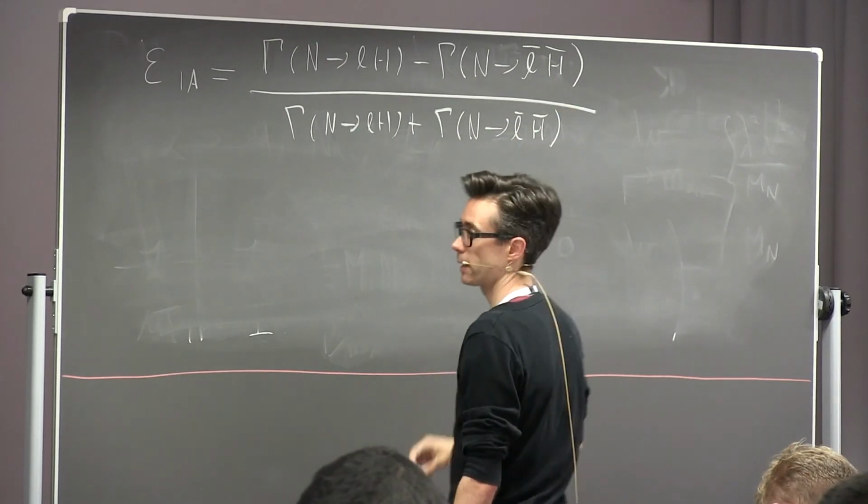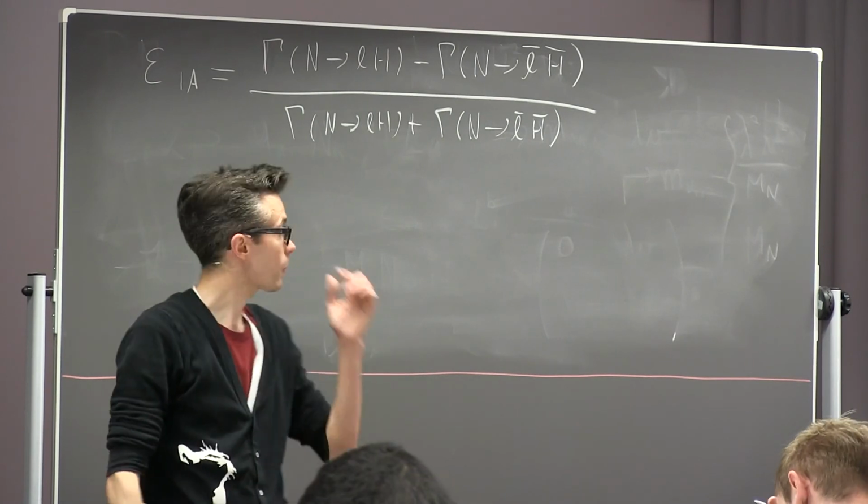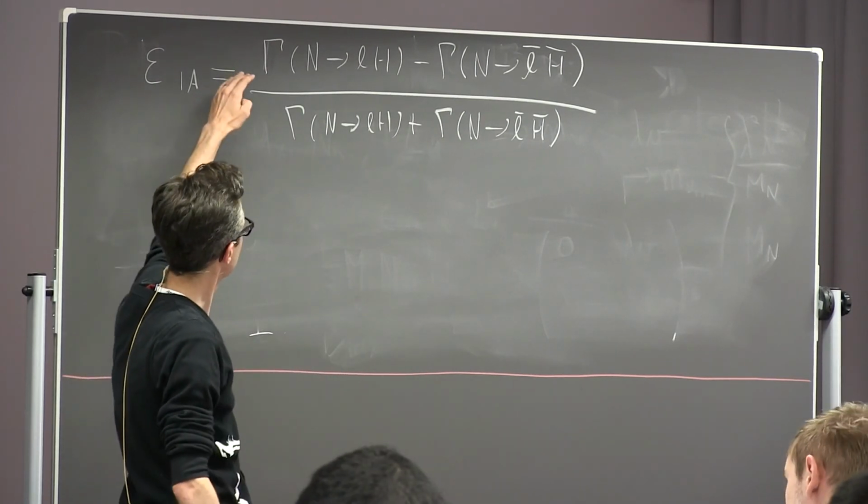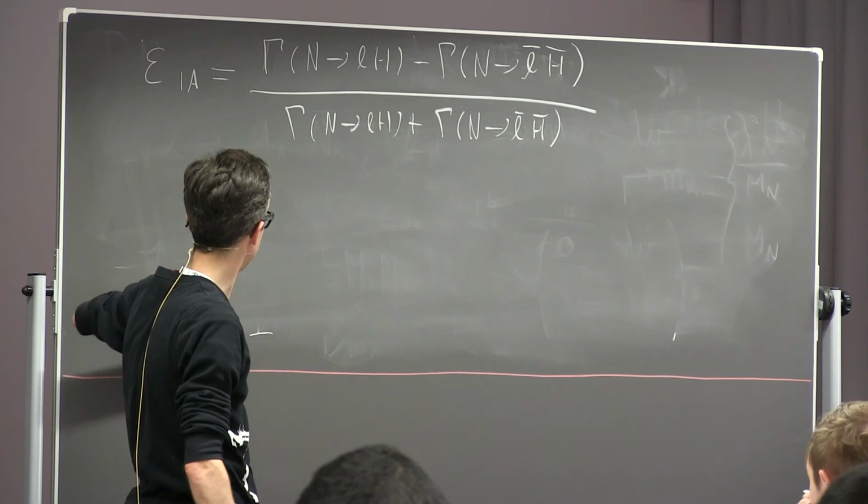So this is our so-called decay asymmetry. So it's a difference in the rates normalized to the sum of the rates.